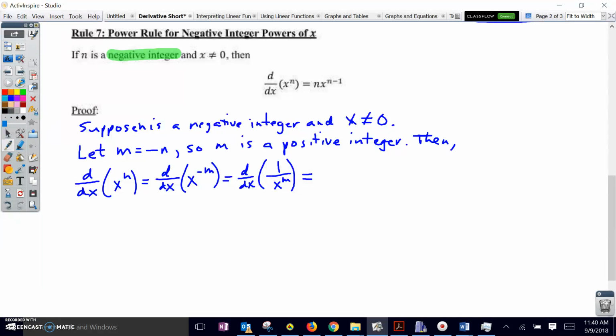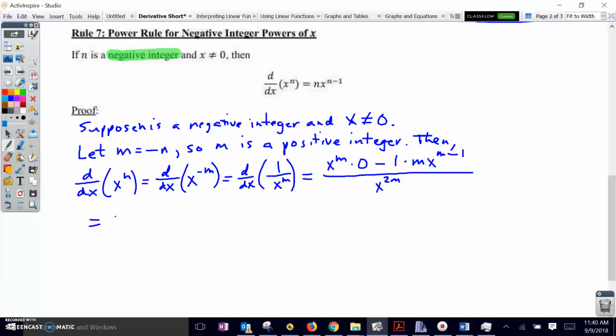And now we can use the quotient rule to evaluate this. We've got low times the derivative of high minus high times the derivative of low, and we can apply the power rule to that since m is a positive integer, all over the denominator squared.